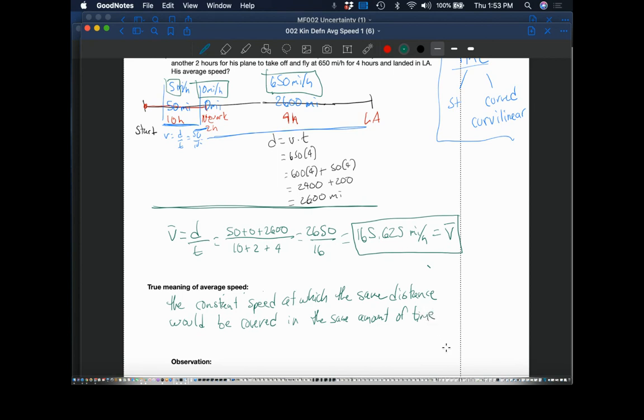Well, that's pretty profound. In a sense, it's a substitute. We can substitute what really happened with this. A constant speed of this would get you there.